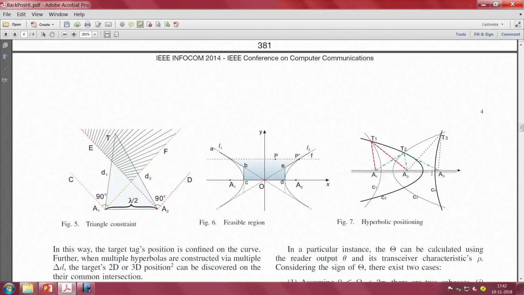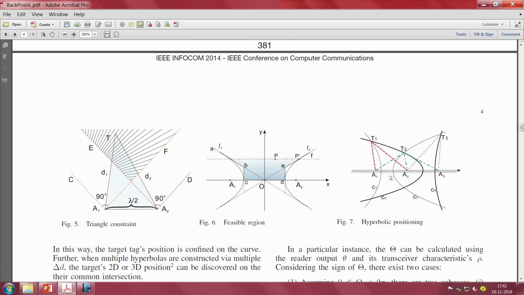Just look at this picture which is capturing several parts of the RFID hyperbola positioning. Let us assume that the reader's antennas can be positioned in A1, A2, A3, A4, A5 and so on, many positions of the reader antenna are possible.